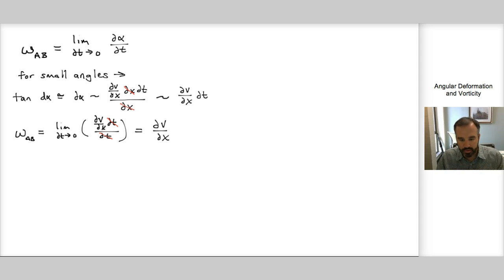Okay? So that's for omega AB. We can also define for omega AD, and that is the limit as dt goes to 0 of du over dy dt over dt, which just goes to du dy.